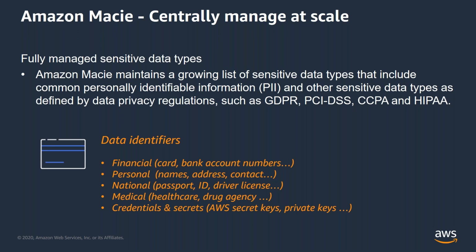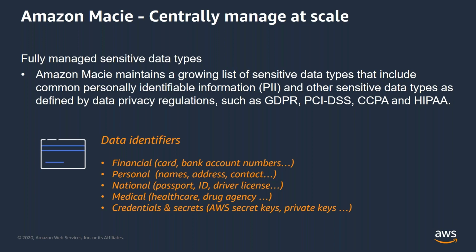And then we've also heard from customers where they would like to identify, even in production environments, sometimes if their developer teams or DevOps teams are storing credentials and secrets. So that is another built-in data identifier that Macie provides out of the box.